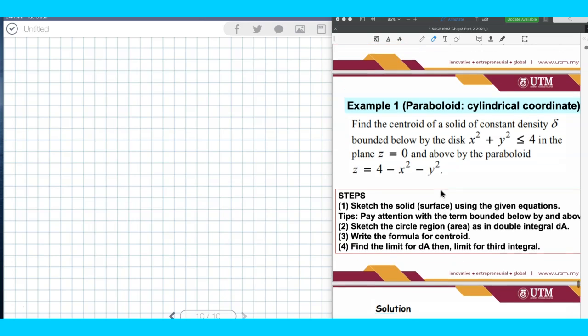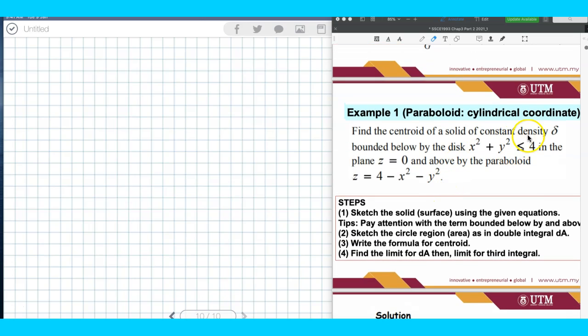So this here is just like a cylinder, right? Meaning you have a cylinder with radius 2 and bounded below by the floor z equal to 0 and above by the paraboloid.